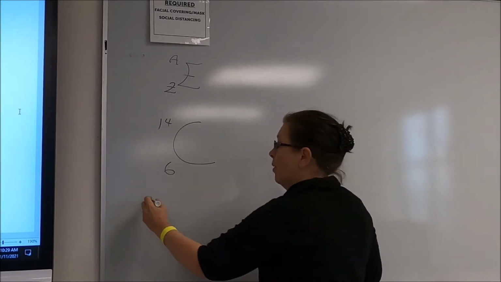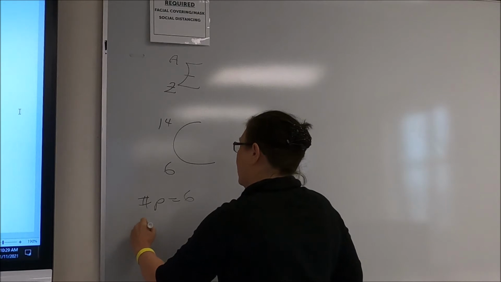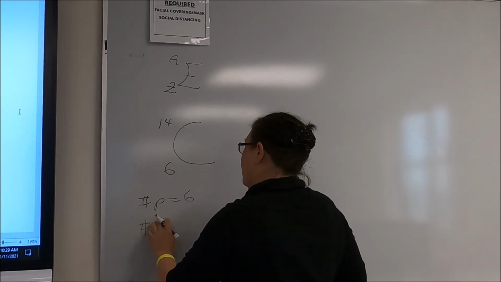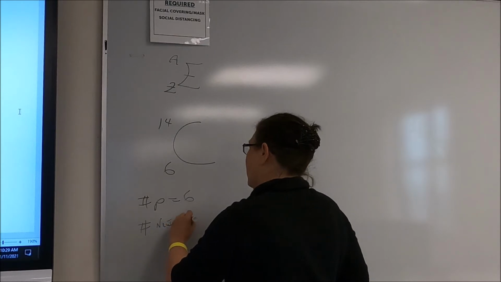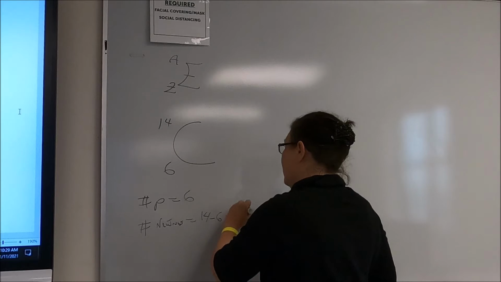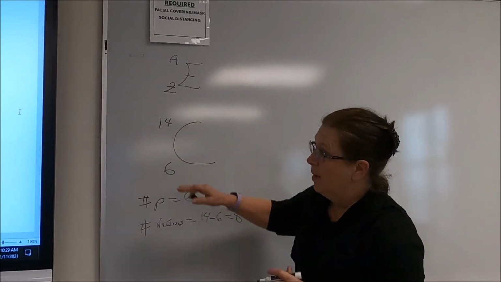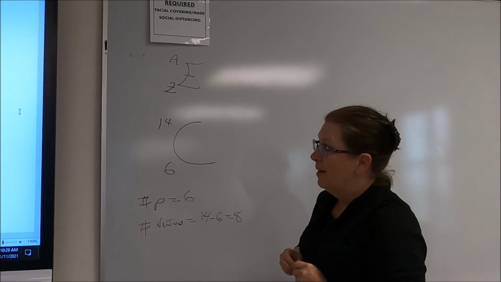So from the symbol, I know that the number of protons is 6, the number of neutrons is equal to 14 minus 6, so in this case it would be 8. Okay, but this is an atomic isotopic symbol.